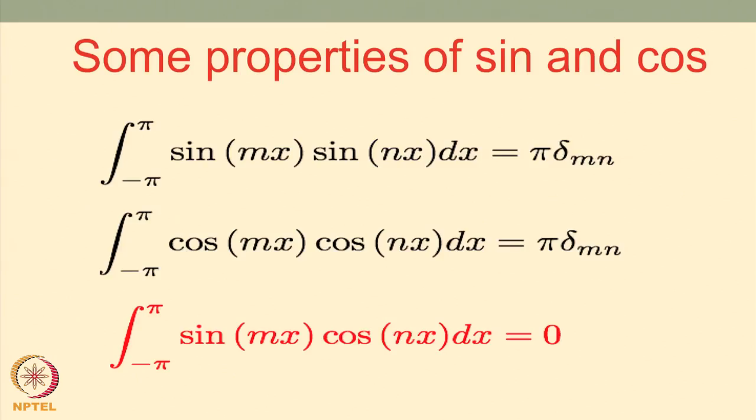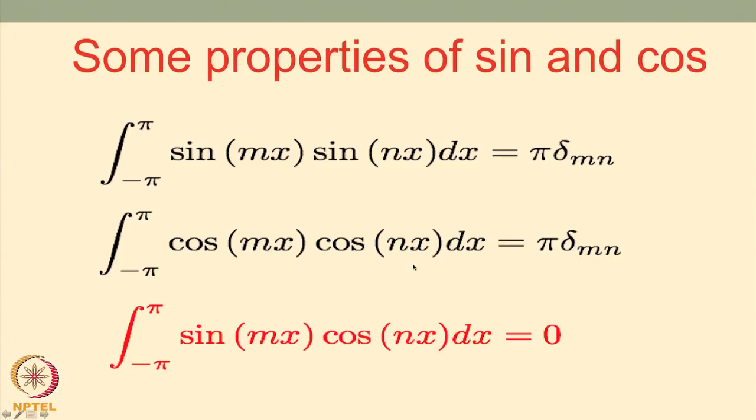This works because of some particular property of sine and cos, which we won't go into in detail now. Just to say that if I multiply sin mx and sin nx and integrate, it is 0 if m is not equal to n. This is what this delta mn means. Delta mn is 0 if m is not equal to n, and 1 if m is equal to n. So, this has some value only if m is equal to n. That is why this works.